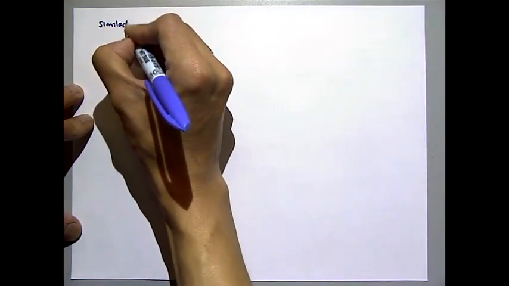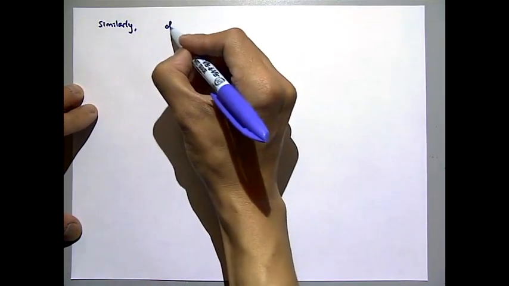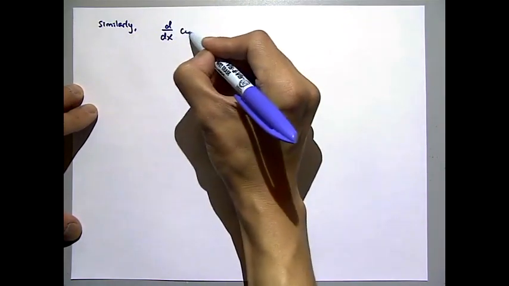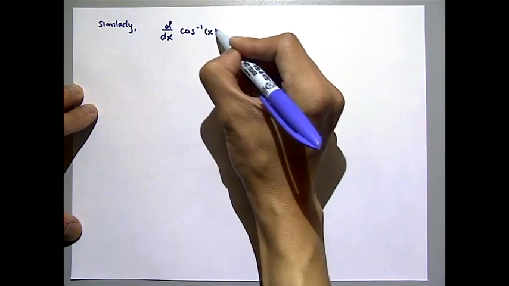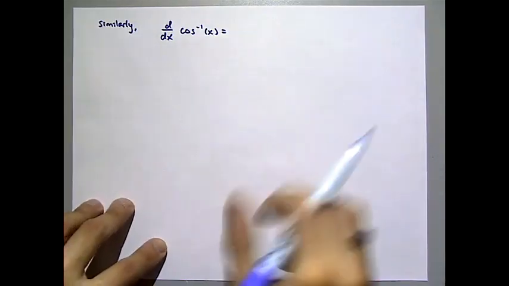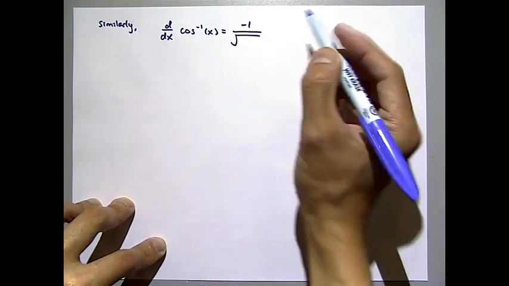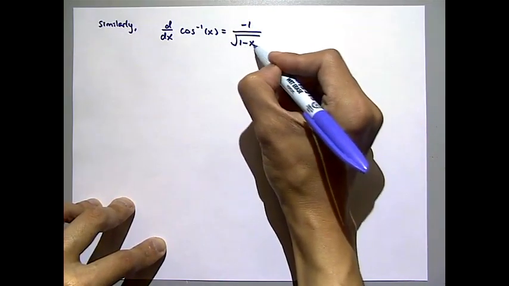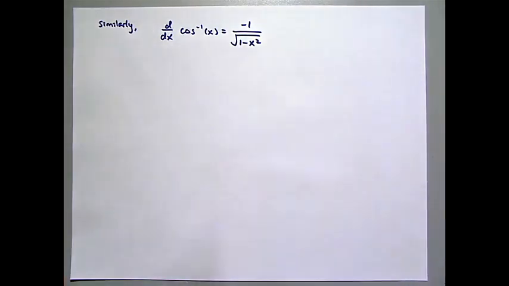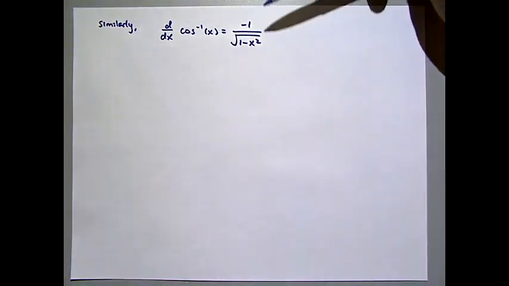Now, if you do the same thing with inverse cosine and inverse tangent, you'll find out this thing here. The inverse cosine has a derivative that's equal to minus 1 over radical 1 minus x squared. So it looks very much like the sine one, except the sign is different on the top.